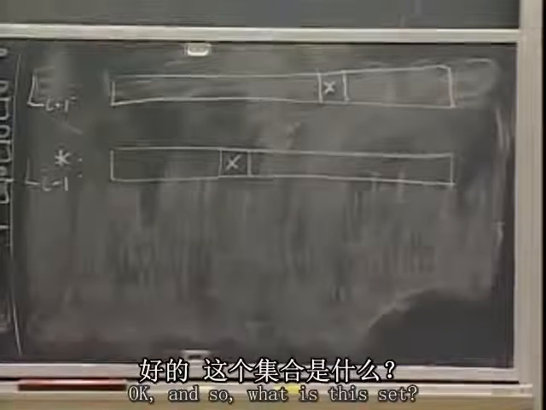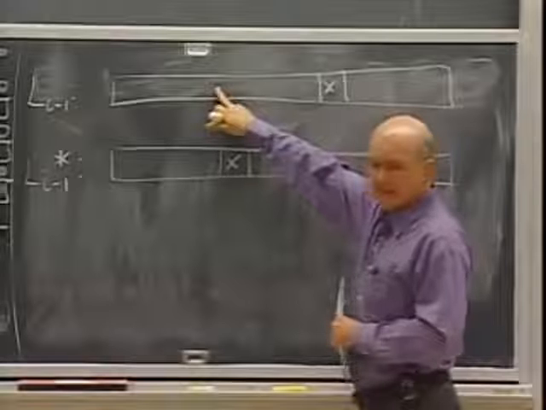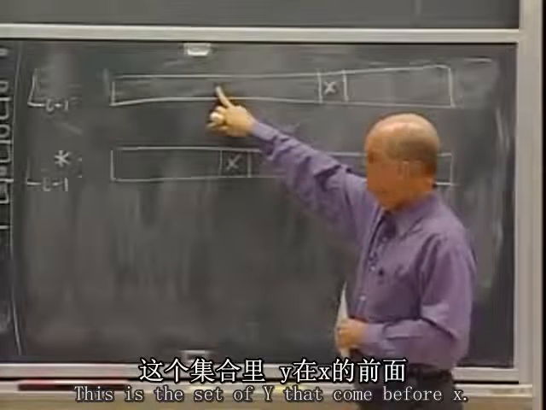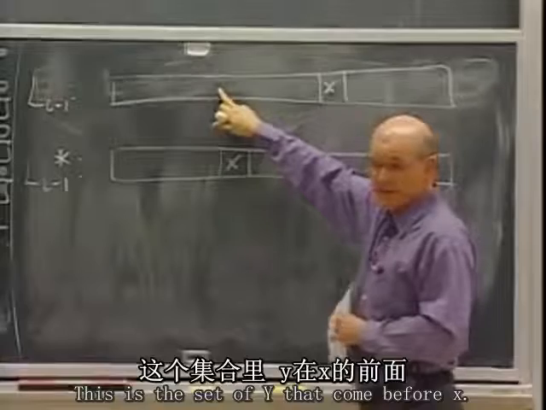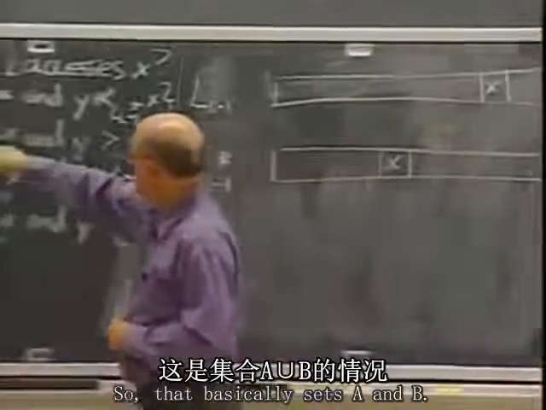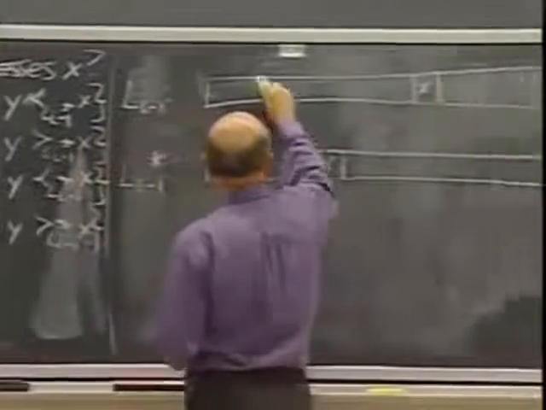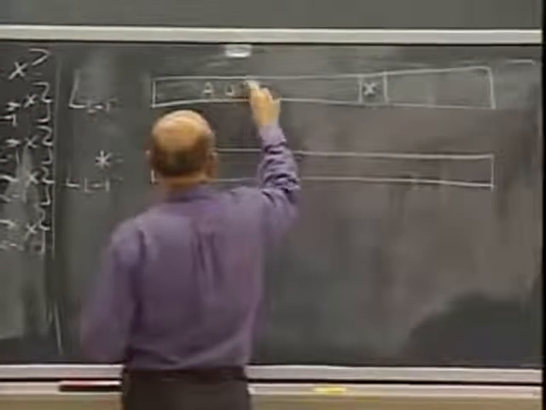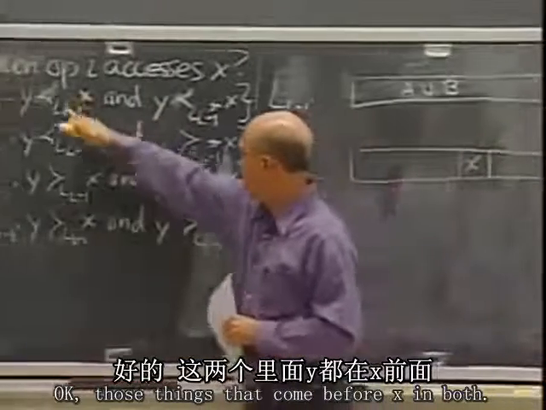So what is this set? This is the set of Y that come before X. So that's basically sets A and B, those things that come before X in both.